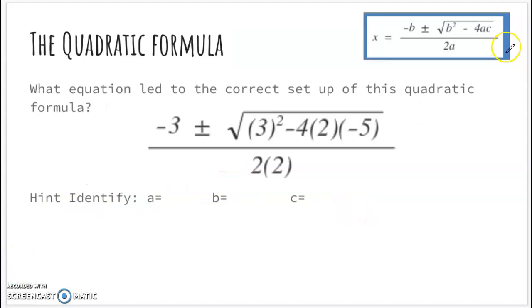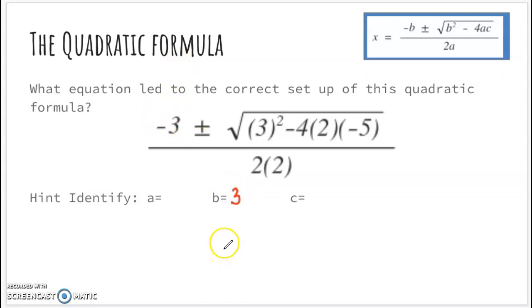All right, so let's refresh a little bit. We'll do a little backwards thinking about what equation led to the correct setup of this quadratic formula. What we want to do is identify our A value, B value, and C value and work backwards to figure out what our quadratic equation was. The first letter is B, but it's after the negative sign, so it's going to be the number 3.